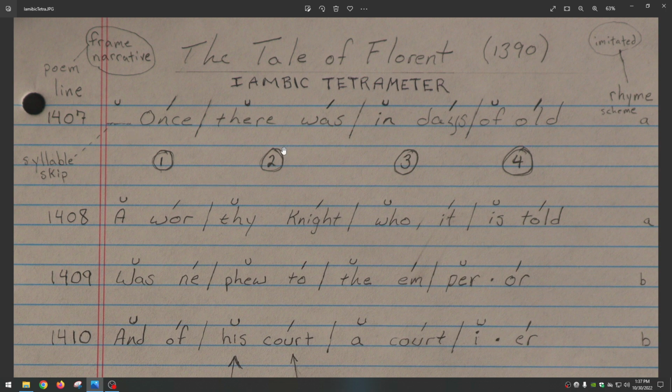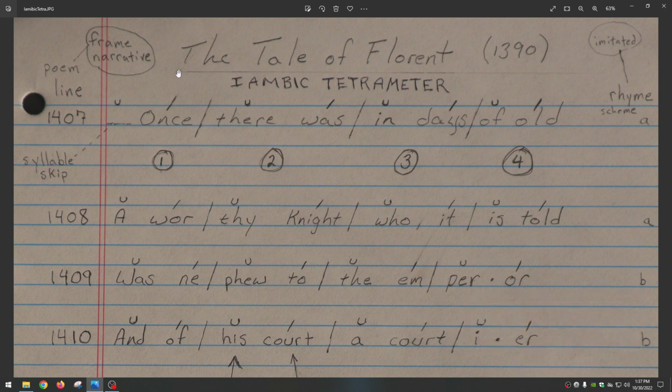In the second section, we have stress, unstressed. Third section, we have stressed, unstressed. And the fourth section, we have stressed, unstressed. That's 1, 2, 3, 4. And tetra is another word meaning 4 or groups of 4.